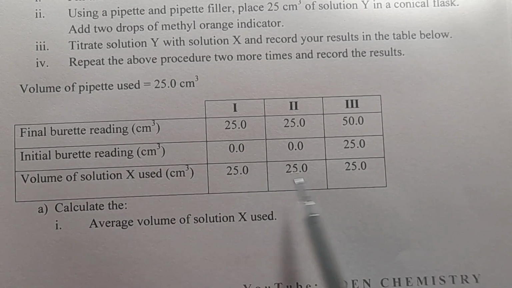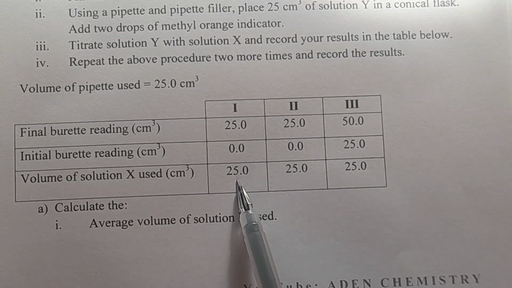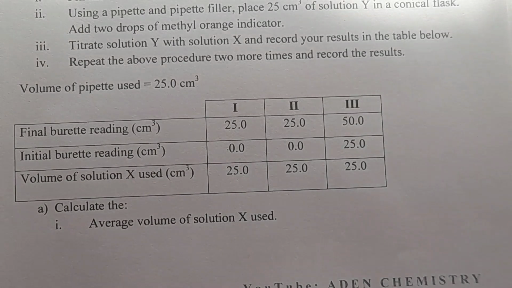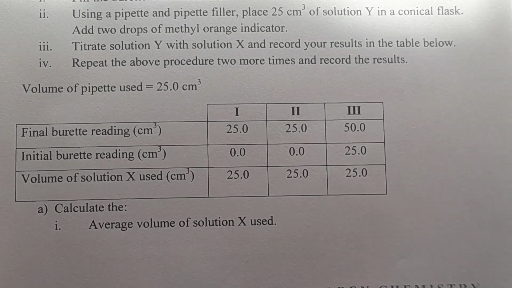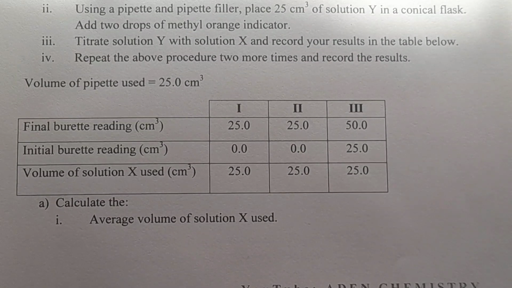Here they have done 3 titrations, and all 3 titrations have the same value. That means they are within the range of plus or minus 0.2.